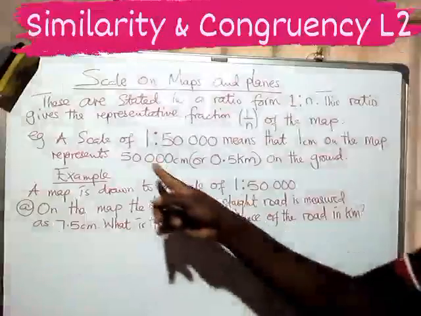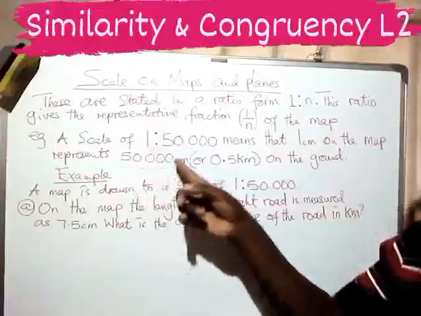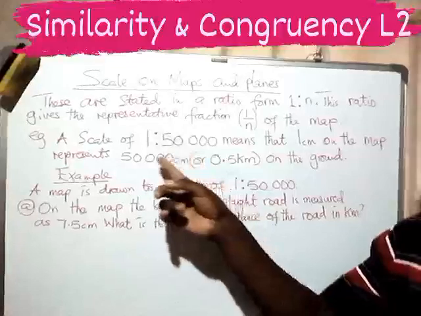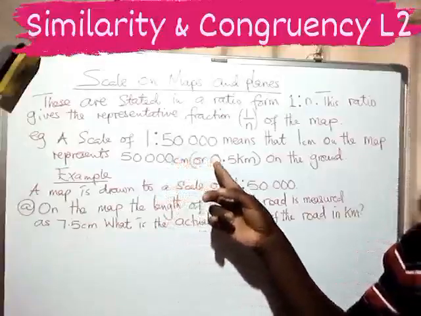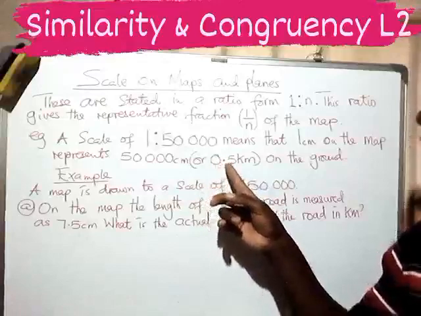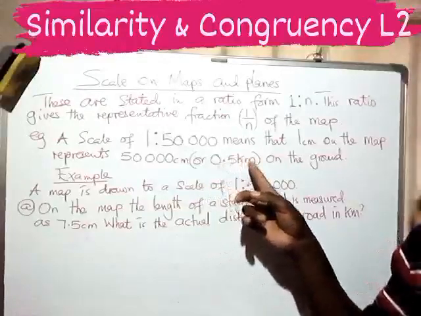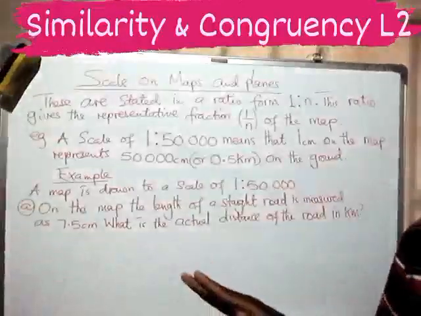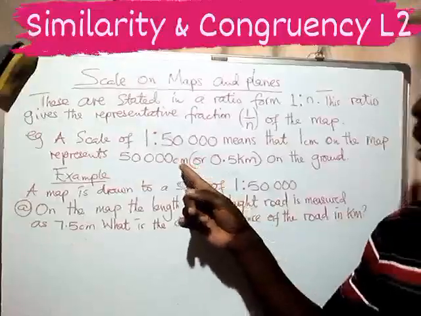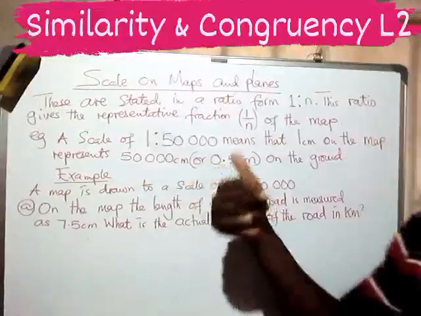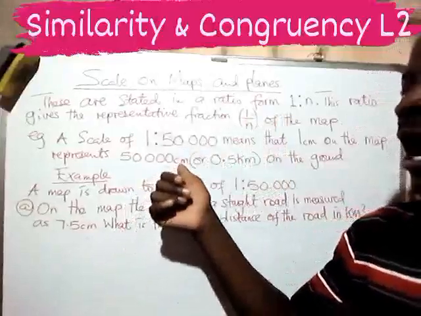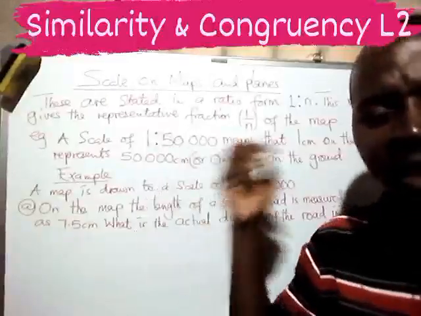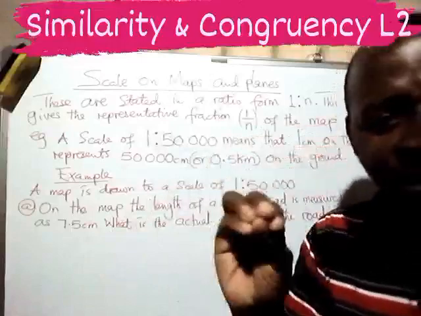So this 50,000 centimeters can also be written in kilometers as 0.5 kilometers. How? Because in 1 kilometer there are 100,000 centimeters.